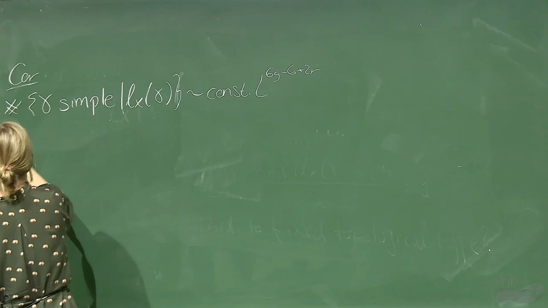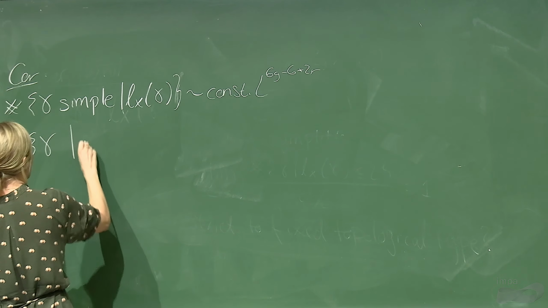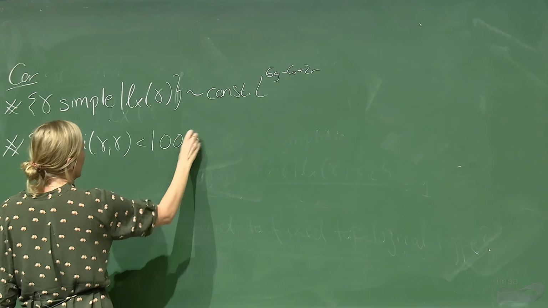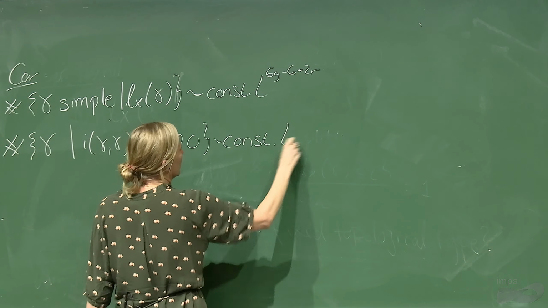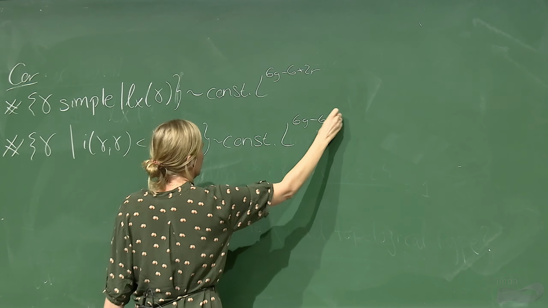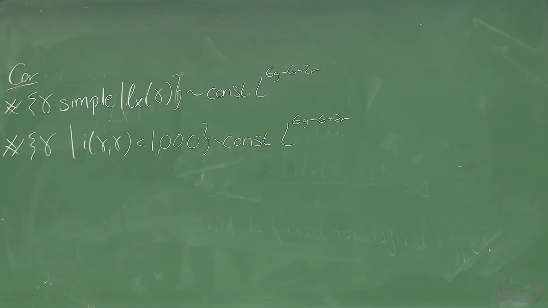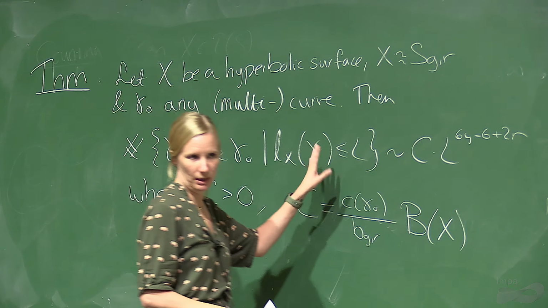Or if you want all closed geodesics who intersect, I don't know, less than 1,000 times, is also a constant times L to the 16 minus 6 plus 2r. And 1,000 you can change for any number you want. Again, because each one of these is a finite union of types, so if you count inside each, you just sum them up.